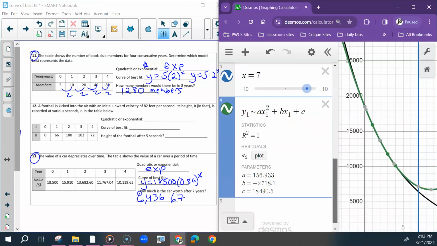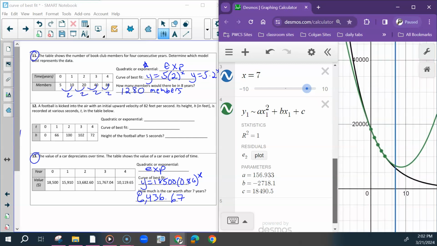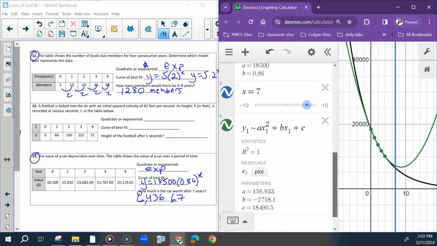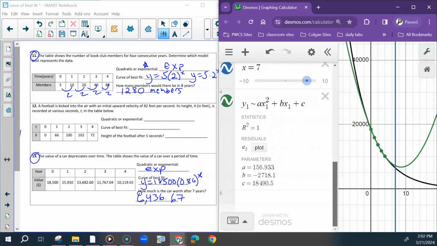So what happens is the points fall on the quadratic, so we actually end up getting the same correlation coefficient of 1, the r squared equals 1. But because the quadratic comes back up, and car values don't usually come back up unless they're ancient or historic, the quadratic regression wouldn't make sense to use.